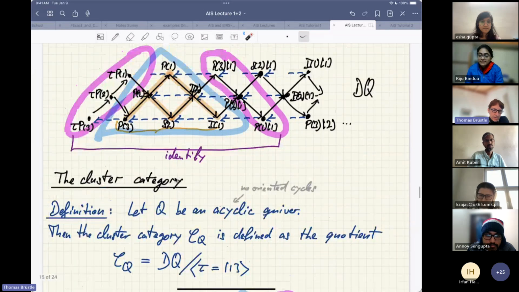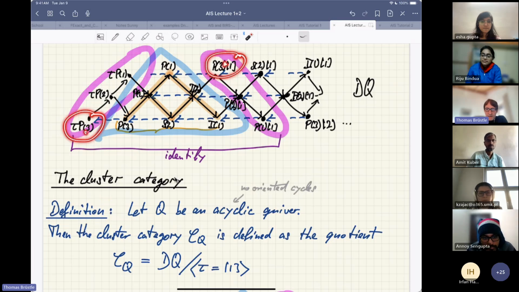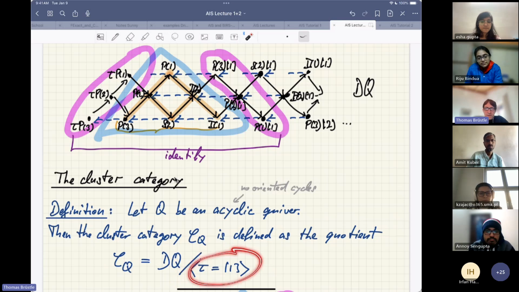This is what I observed: I want tau P3 to equal P3 shift 1. So I glue these two, I identify these two, so I take a quotient of that category by demanding that tau and shift coincide. So that's the most important part for today. This gives me the idea of how we can define the cluster category. That's okay? Good.